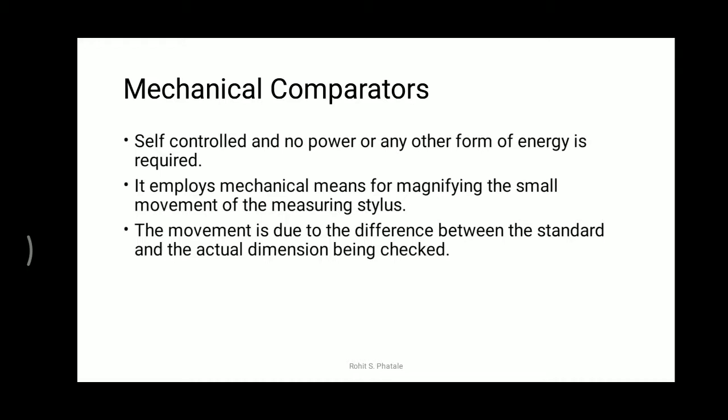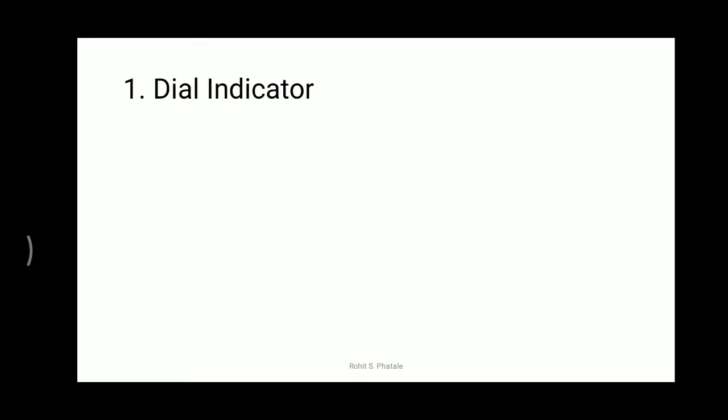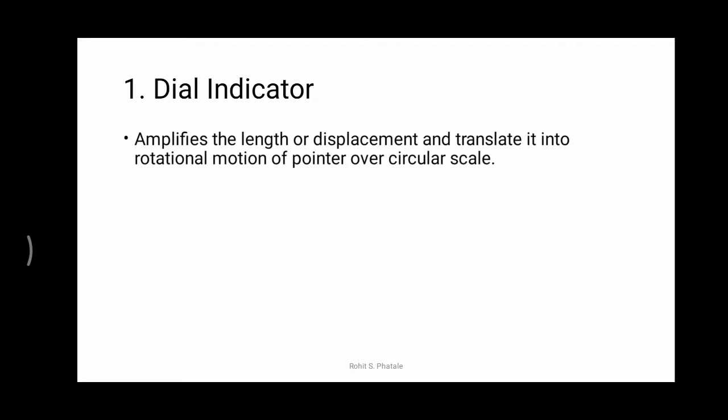Now one by one we will discuss the types of mechanical comparators. The first basic type of comparator is the dial indicator. So what is a dial indicator? It amplifies the length or displacement and translates it into the rotational motion of a pointer over the circular scale.